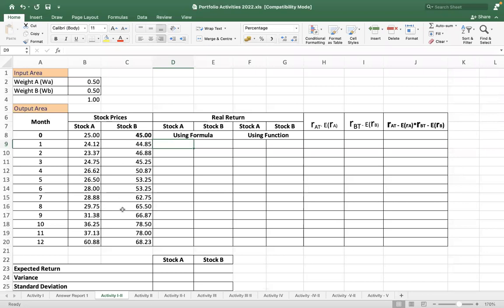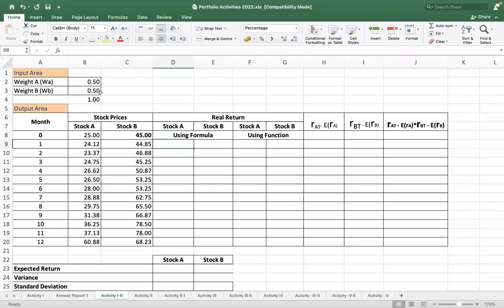Even with this limited number of data, you can calculate manually, but in a practical context, you might be given thousands of data points, like daily stock prices for the last year. Those are huge data sets, so you can't practically do it manually. So this would be very much applicable in the practical context, right?